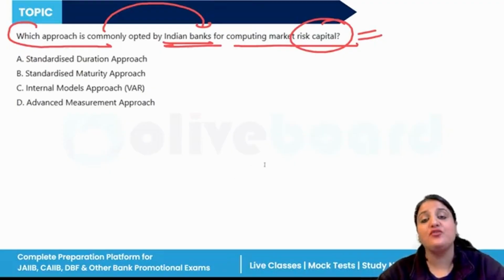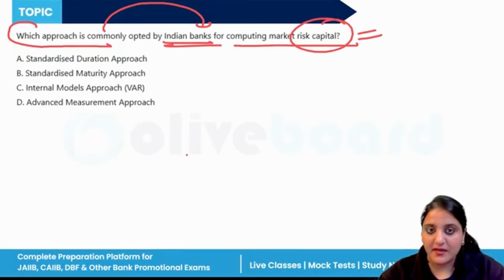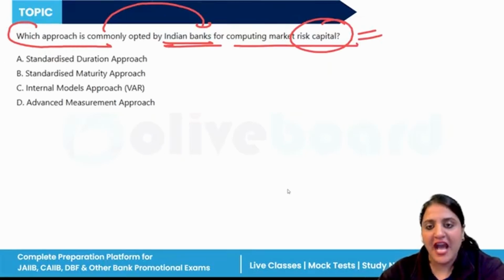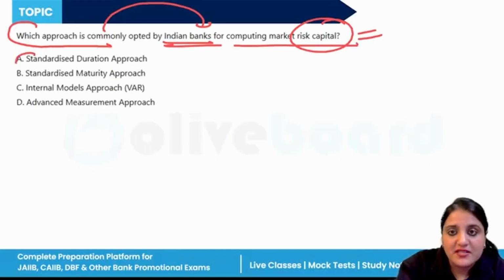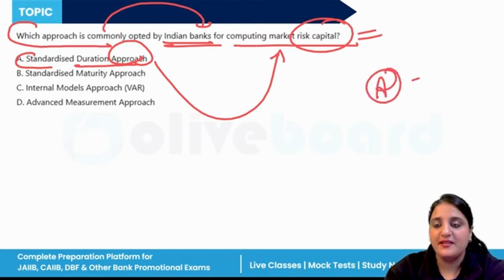So Indian banks commonly opt for the standardized duration approach for computing market risk capital. So which answer is correct here? We have the correct option A, the standardized duration approach. Option A is correct here.